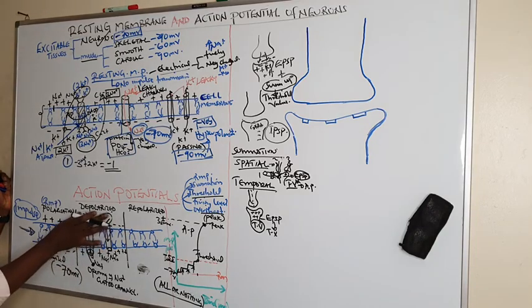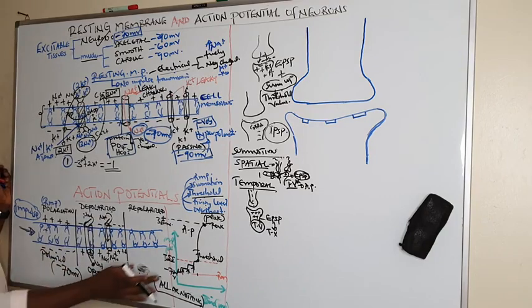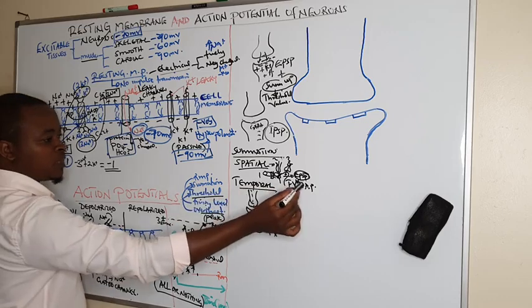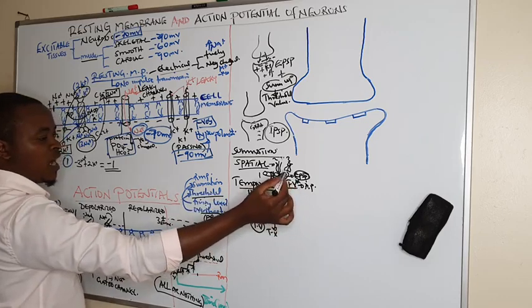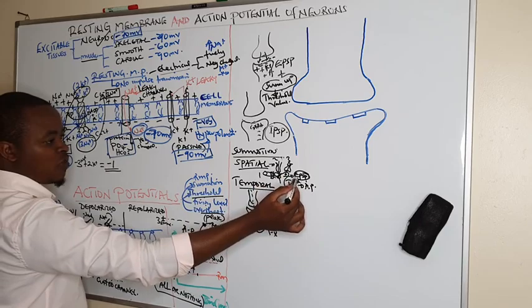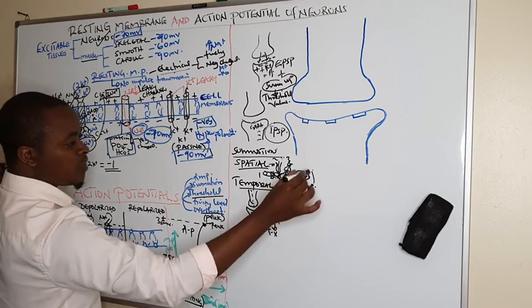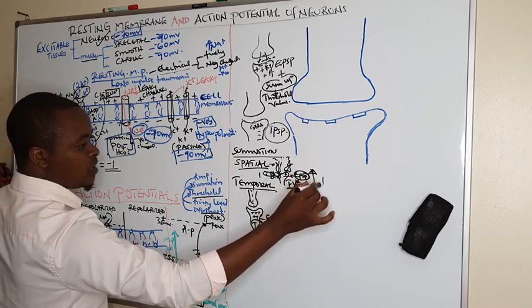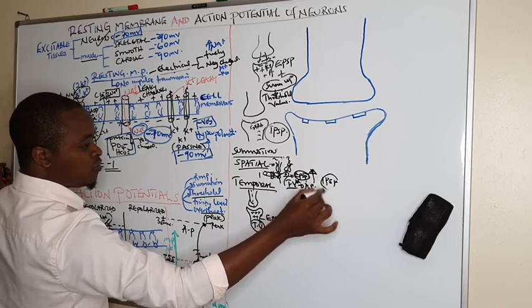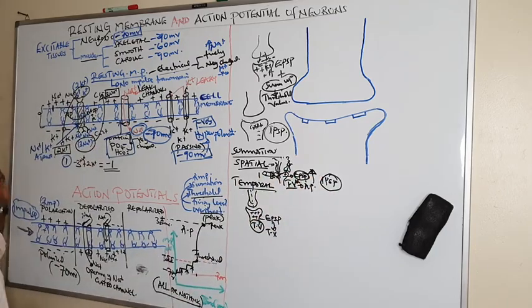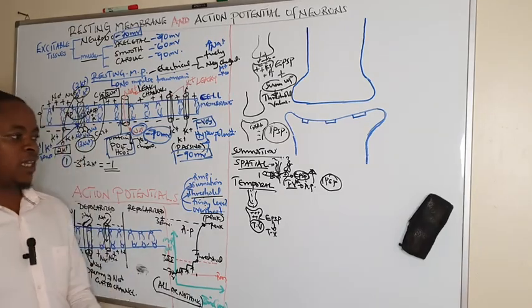After the cell becomes depolarized, the EPSPs must sum up, and these excitatory postsynaptic potentials should be greater than the inhibitory postsynaptic potentials for the cell to fire an action potential so that it can propagate.